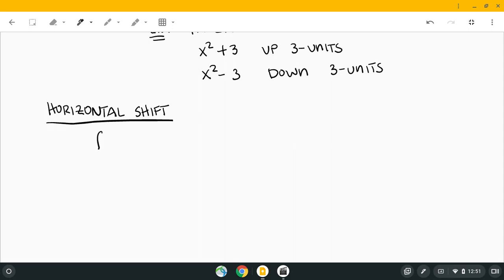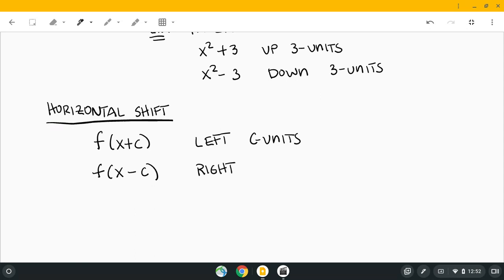However, if you add or subtract c from the x value, then if you add c to the x value, this is actually a left shift. And if you subtract c, this is actually a right shift.